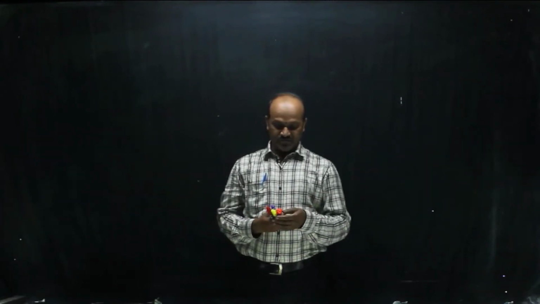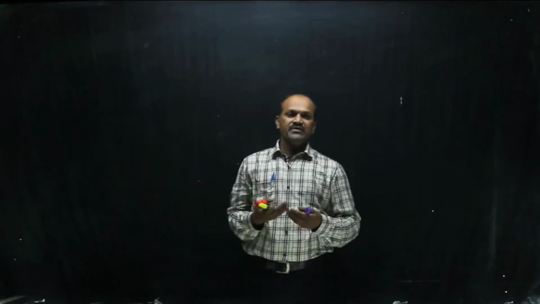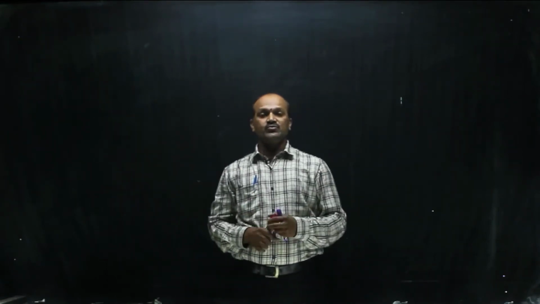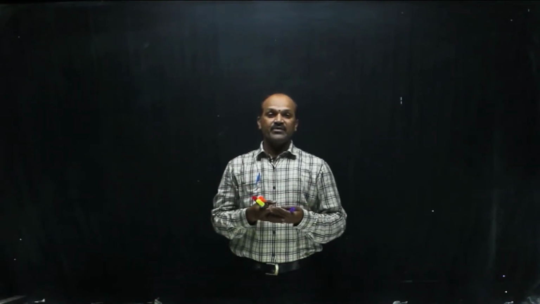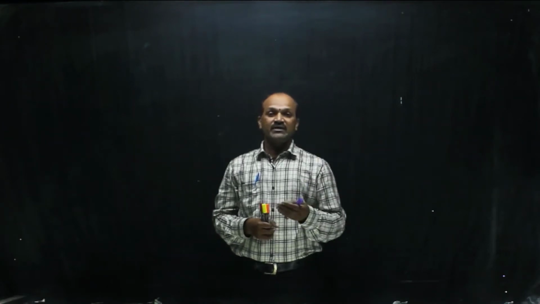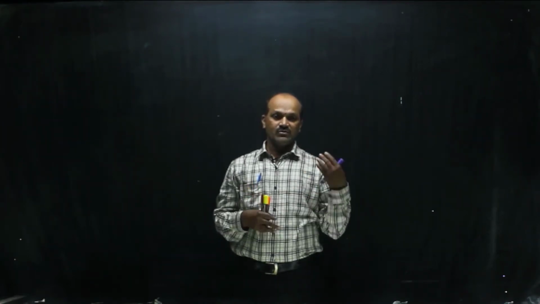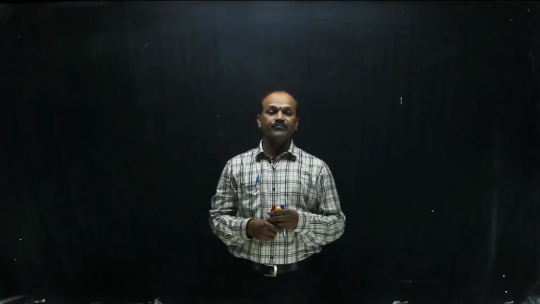So this is the topic today we are going to discuss. This internal field we can call local field also. Whenever you place a dielectric material inside a uniform electric field, that uniform electric field induces or produces some electric field inside the dielectric slab.